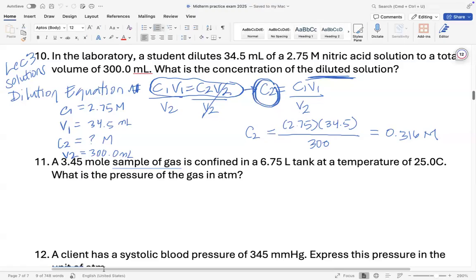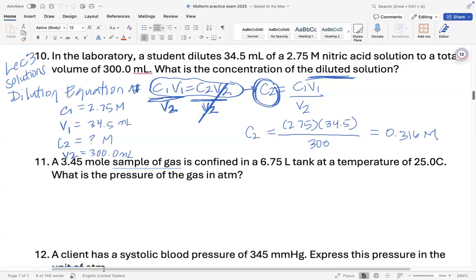So this is algebra, right? If I want to get C2 by itself, then I'm going to divide each side by V2, where I then have it on top and bottom, so it cancels. But what I do to one side, I have to do to the other. So I come over here with V2. So then I just flipped it when I rewrote it.